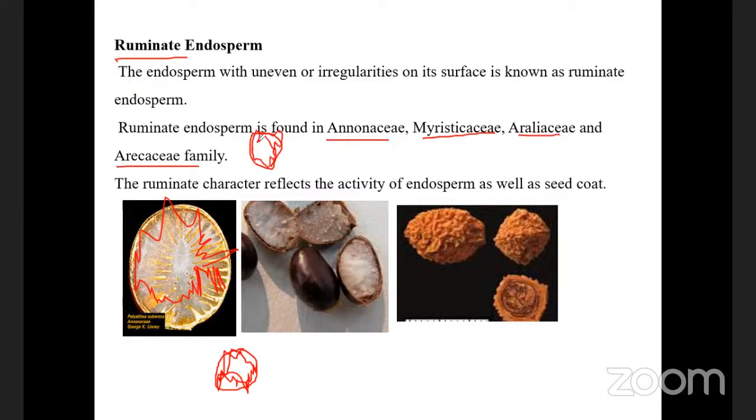Endosperm is tightly folded, very hard endosperm. Even in the Jaiphal, Javitri, Myristica fragrans also, endosperm is tightly folded, very tough. It folds inside and it will be very tough, very hard.